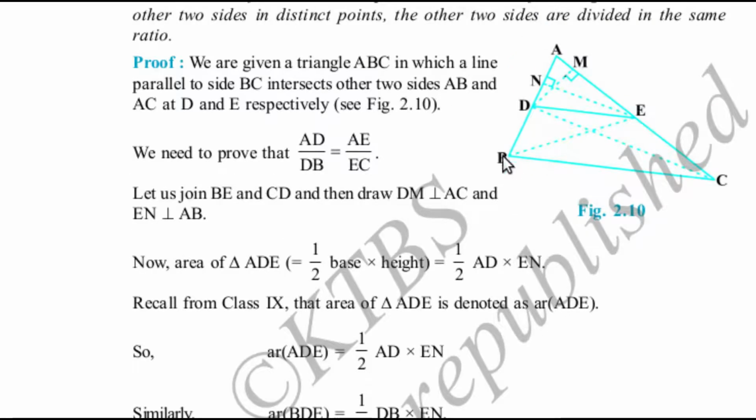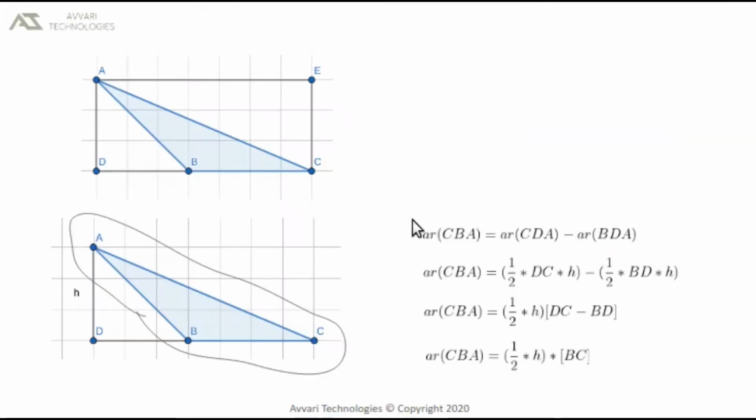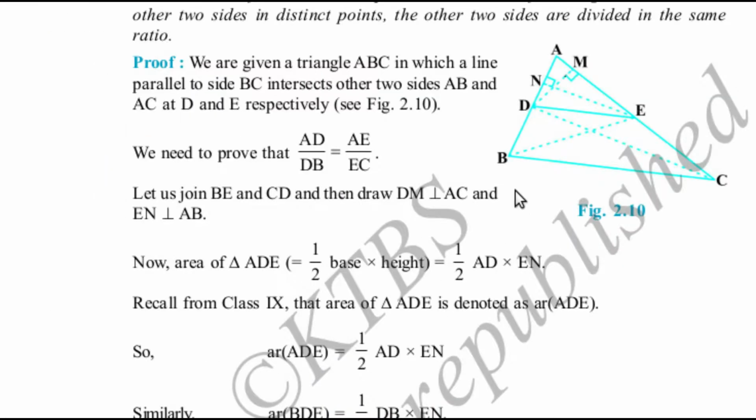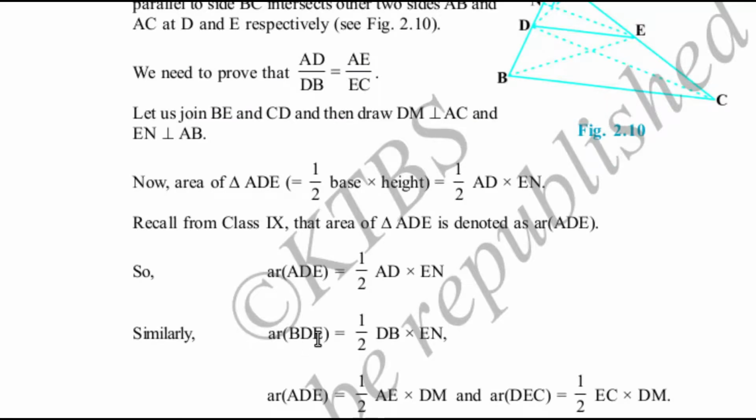The area of triangle BDE is half into base, that is BD, into height. Since this is an obtuse angled triangle, we need to follow this principle for triangle BDE. So the area of triangle BDE is half into base BD into height EN.